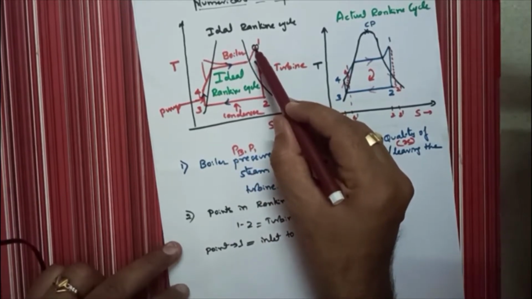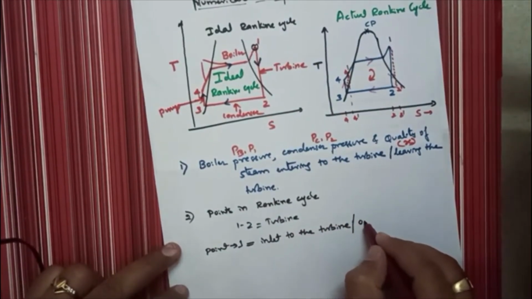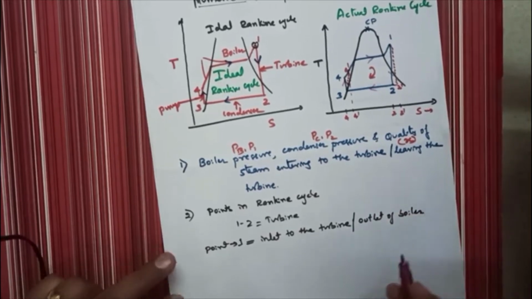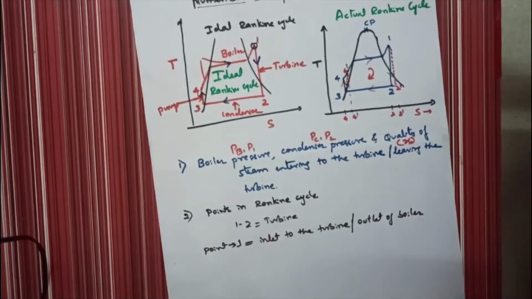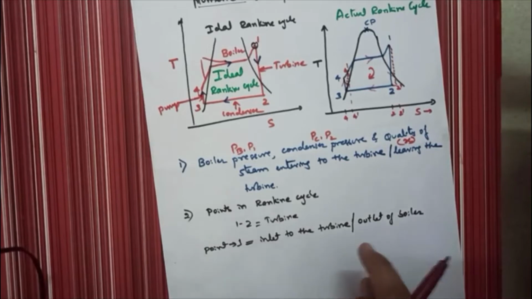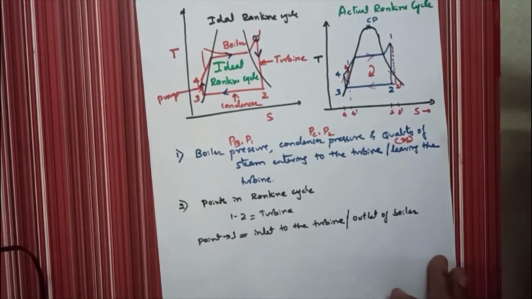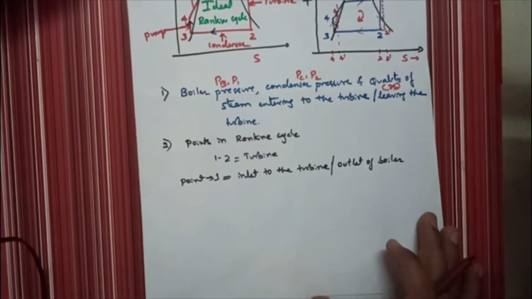This is very important for solving numericals, because in the problem definition he will give the value of enthalpy at the inlet to the turbine or at the outlet of the boiler. So it is important to understand these points.